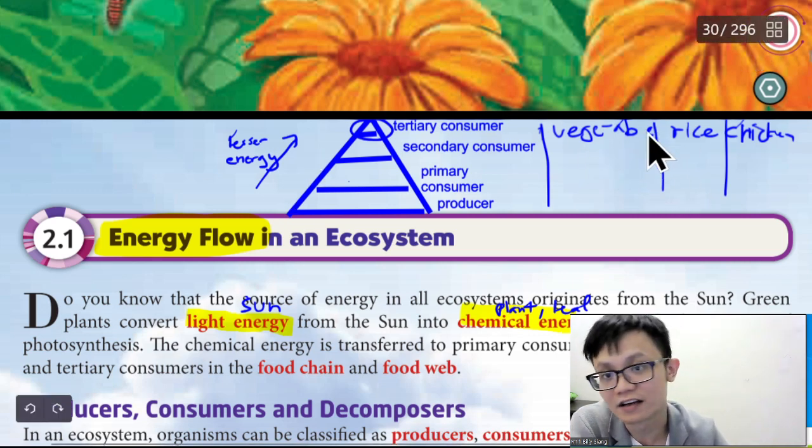So let's say if you burn 20 gram of vegetable, you can get 400 calorie.